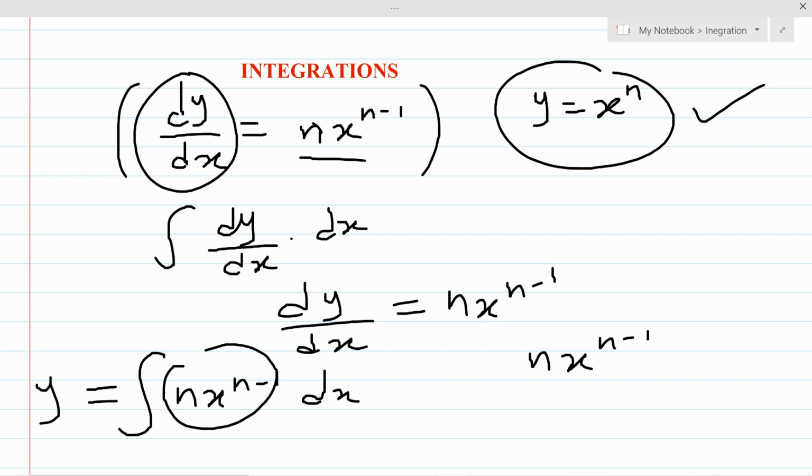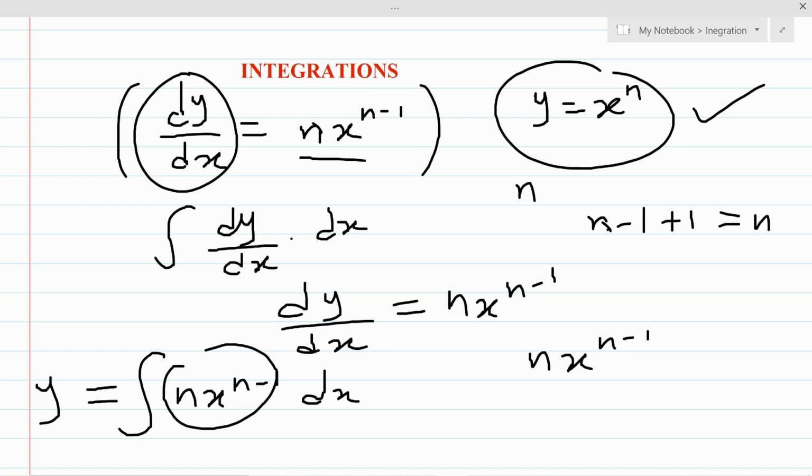So alright, let's try to add something to the power. If I add 1, because for differentiation we subtracted 1, then if you want to have the power back, we add 1 back to this. The actual power was n, and when differentiated we had a power n minus 1, so if I want to have my n back, I have to just add 1 to this, and I'll get n.